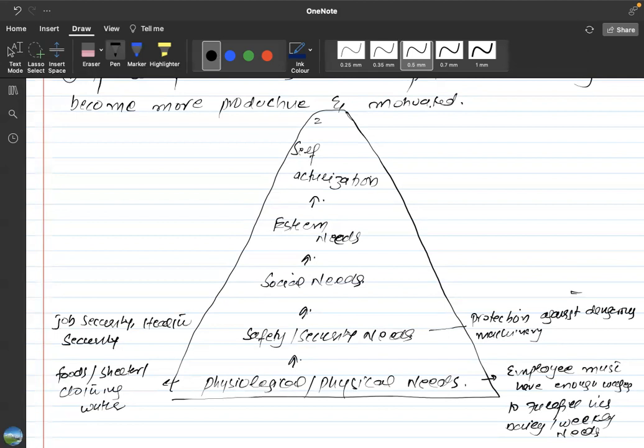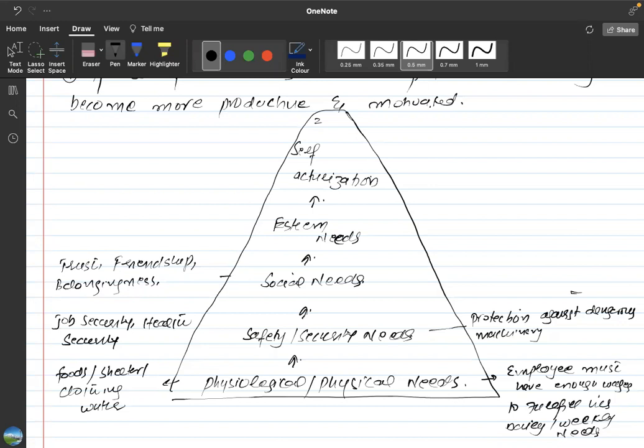Again, when the second set of needs is fulfilled, it creates another set of needs inside the employee or worker that are called the social needs. What are the social needs? Trust, friendship, belongingness, etc. These are the social needs that are required at work.